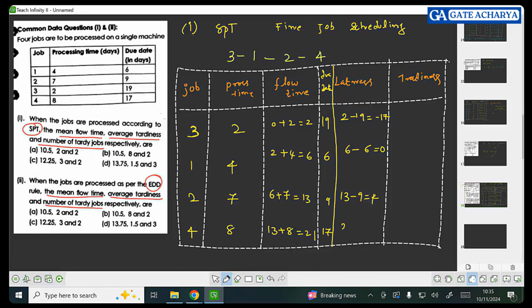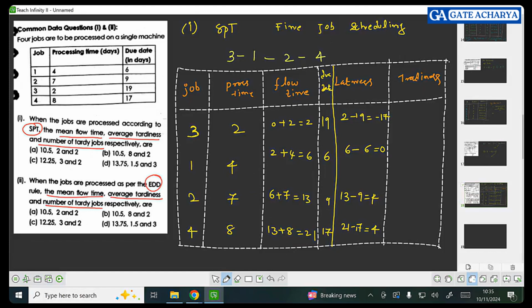Next, 21 minus 17 is equal to 4. Flow time for the first job is 2, second job 6, third job 13, fourth job 21. Clear?